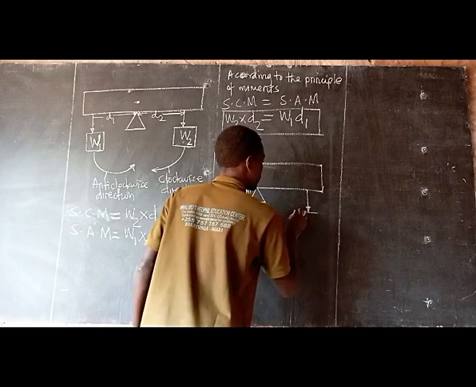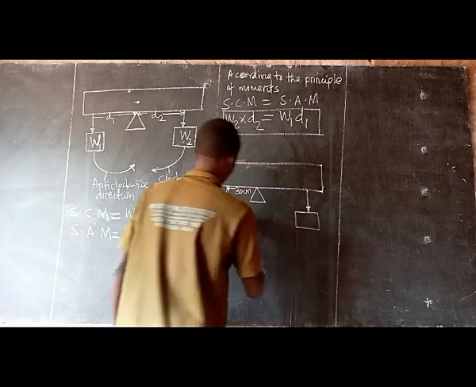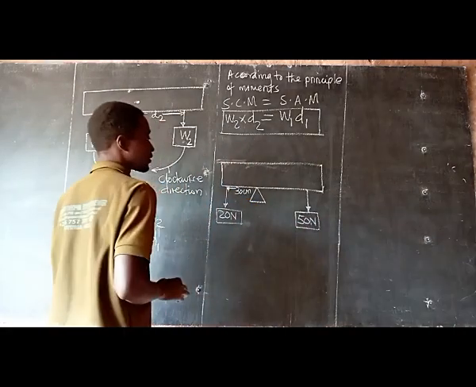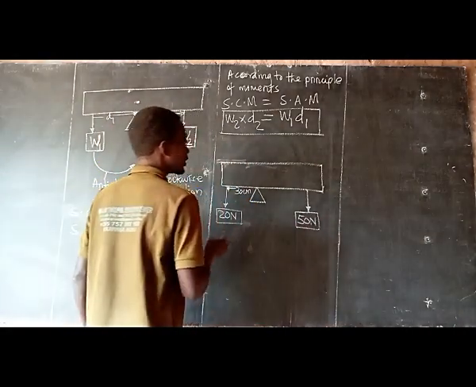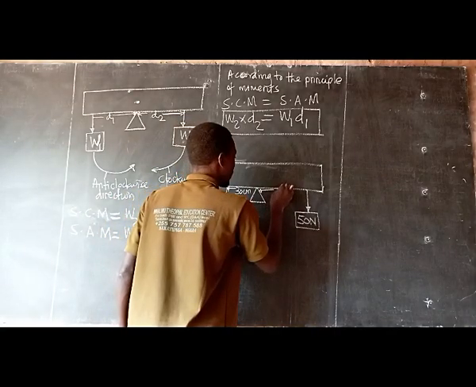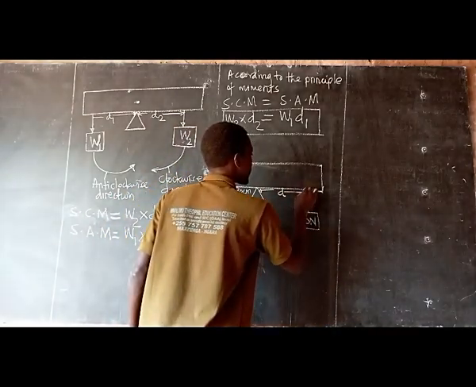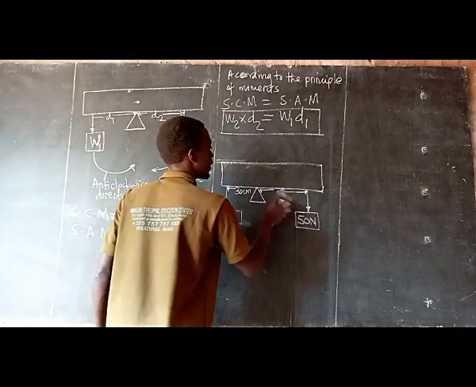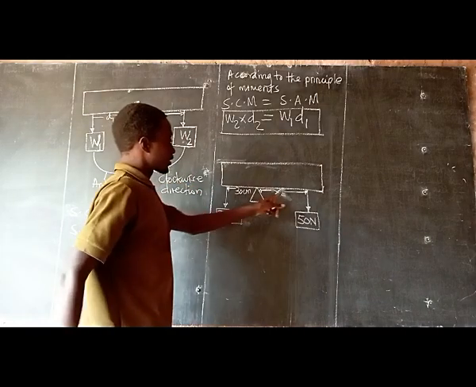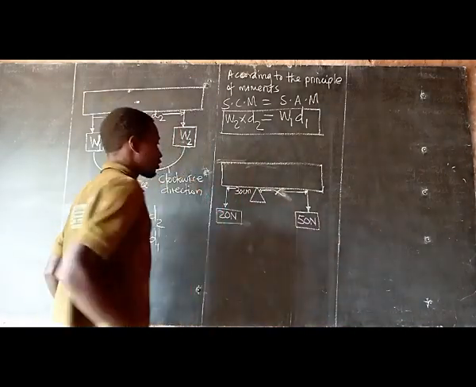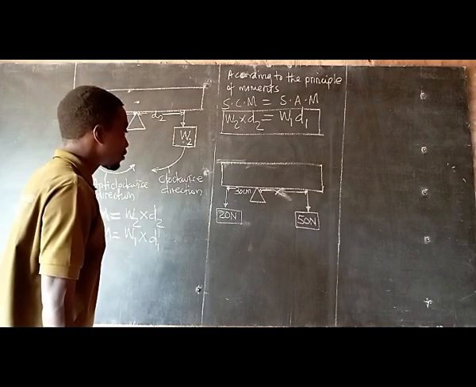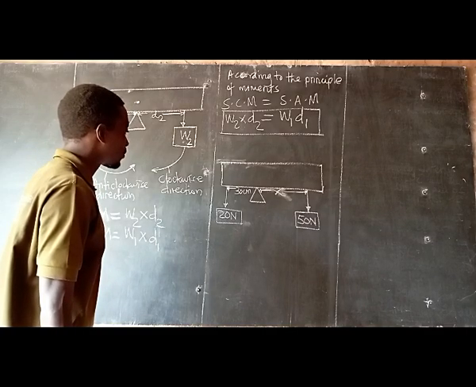Its weight is, maybe, 50 Newton, and you are asked to calculate the perpendicular distance, let us say x. Now, what will be the value of x? When you apply the principle of moments, you will be able to find the value of x without any problem.